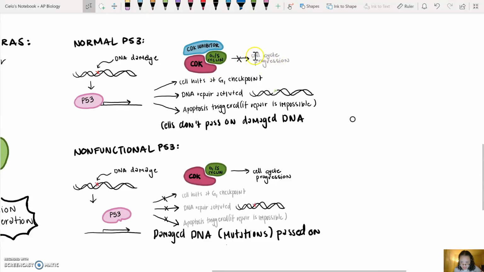That stops the cycle from progressing and gives time for the DNA to be repaired. If the DNA cannot be repaired, it will trigger apoptosis, and the cell doesn't pass on the damaged DNA. But if the p53 protein is non-functional or defective, it allows mutations to happen rather quickly, which can ultimately lead to cancer.